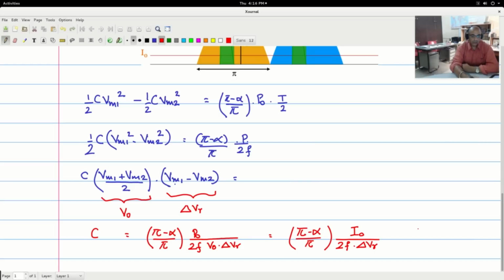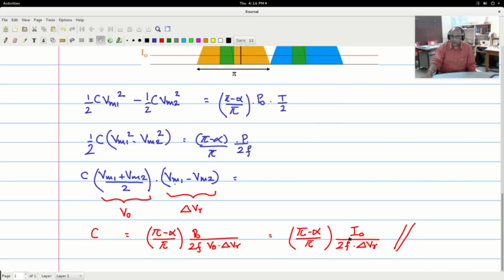So this is the value of the capacitor that you will have to put in order to get this particular ripple and for this particular load current. However, you should note that there are a few other variations that can come into the picture.